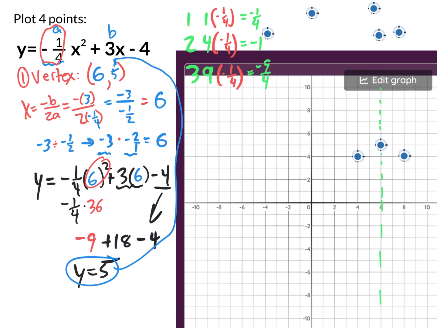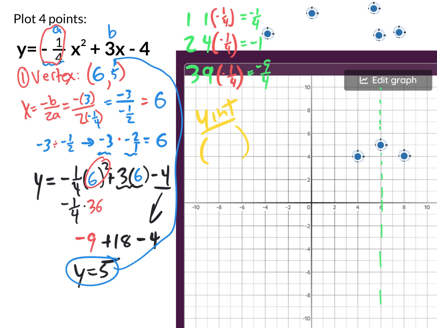Anyway, we still need more points. And obviously, there's no other nice points on this pattern. So how else could I find a nice coordinate on any quadratic equation? What's an easy point to find right there? Anybody? The y-intercept, okay? How do you find the y-intercept?